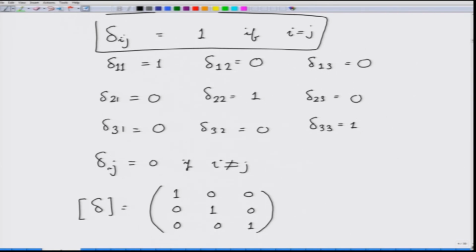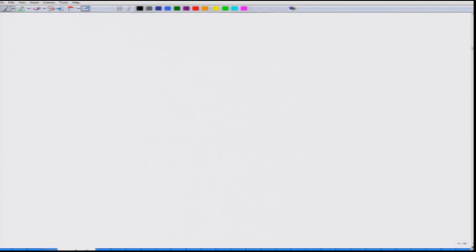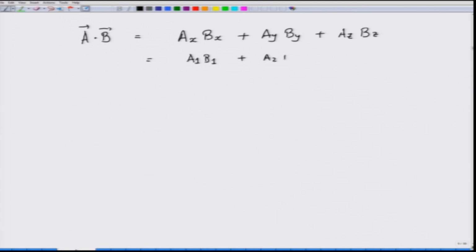So, this is an identity matrix. How does it help? Let us look at that now. If I take A dot B, recall from earlier lectures that this is nothing but A_x B_x plus A_y B_y plus A_z B_z, which I can write as A_1 B_1 in our new notation plus A_2 B_2 plus A_3 B_3, which I can also write as summation i A_i B_i.